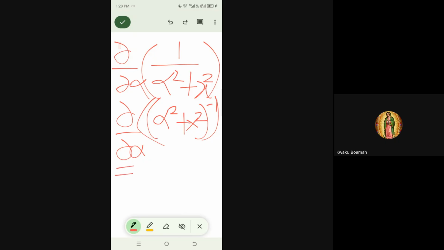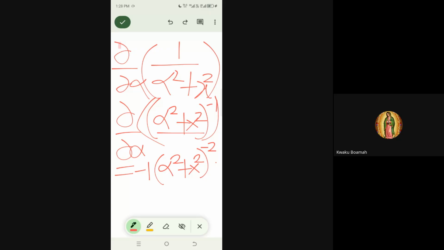So that when you use the implicit rule, you have negative 1, maintain what is in here, you reduce the power, times, now you focus on what is inside.